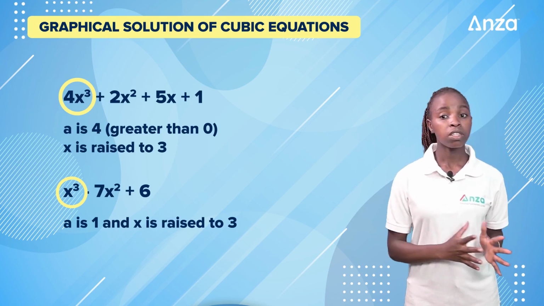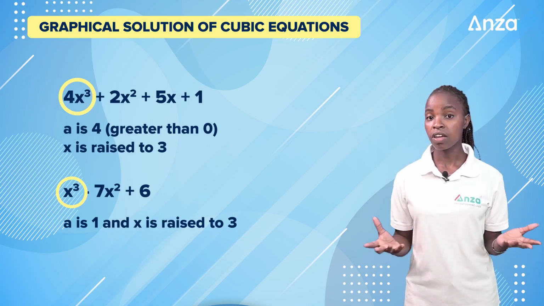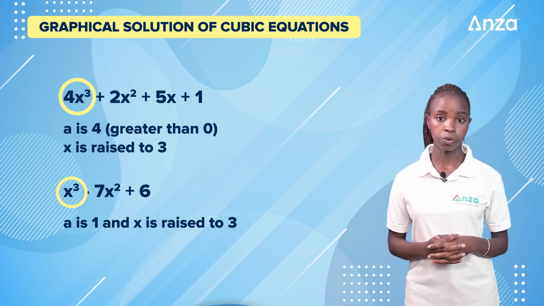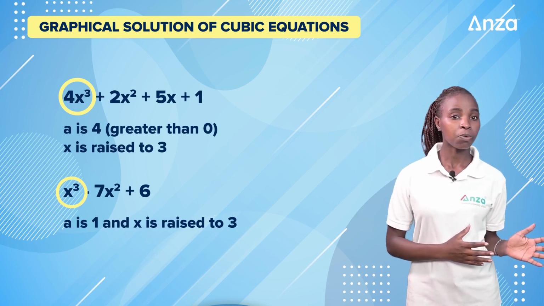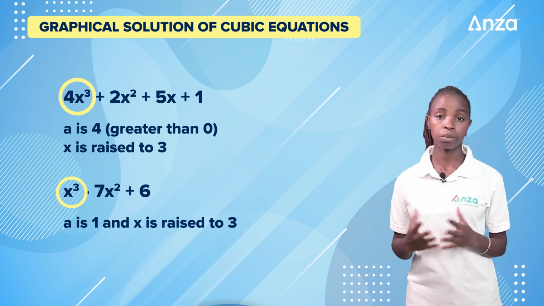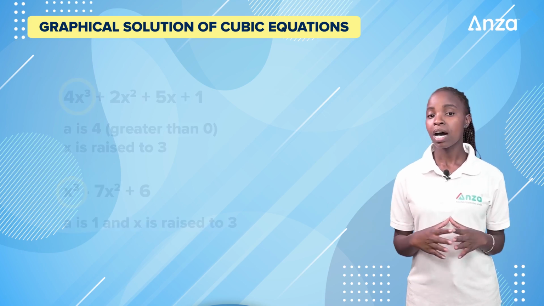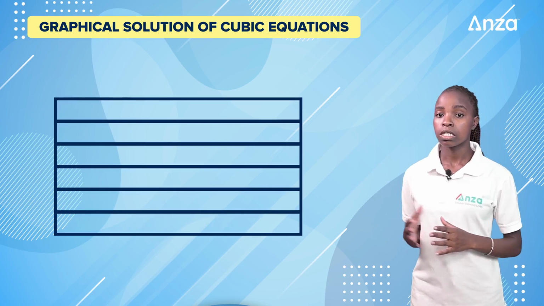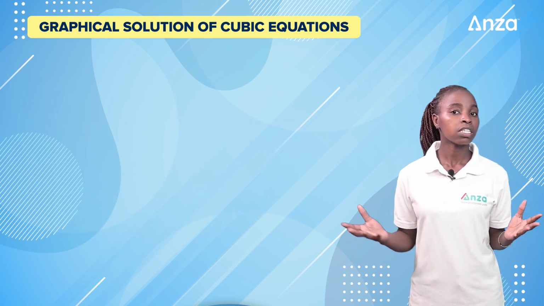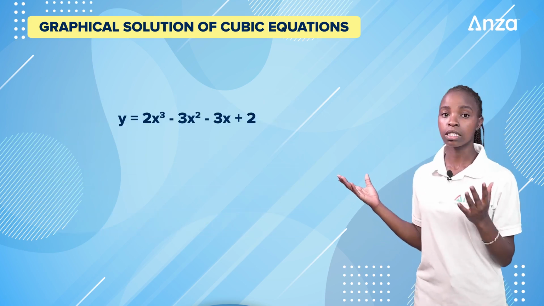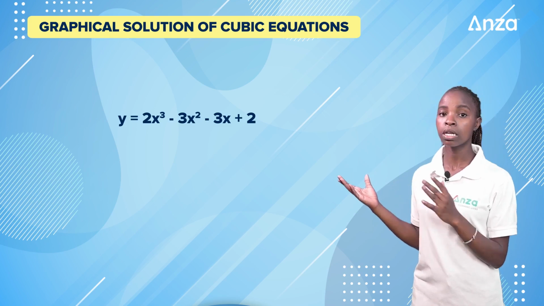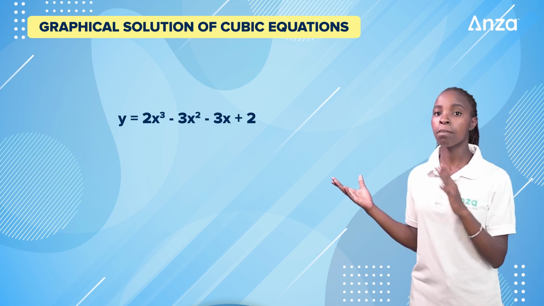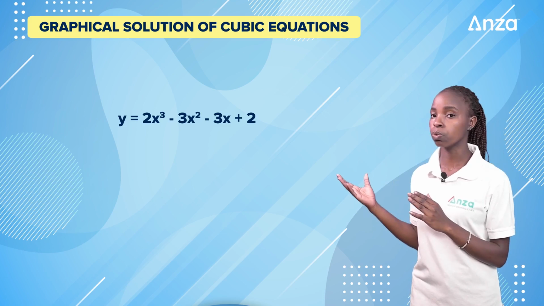Now, to come up with the values of y given a function of a cubic expression, we will fill a table in the same manner we did in the previous lesson. But in this case, we will have more rows in the table. Let's consider this function: y is equal to 2x cubed minus 3x squared minus 3x plus 2.